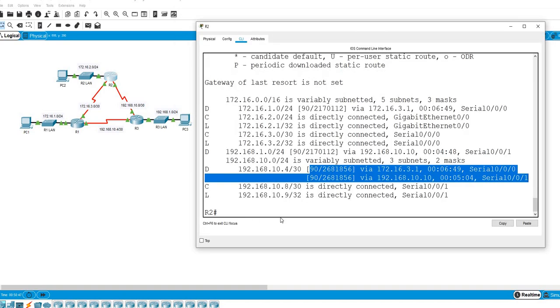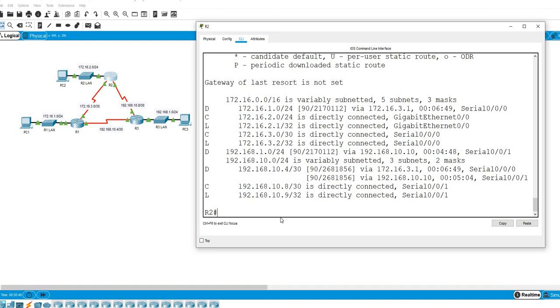Okay, so let's give this same command on router 2 as well, show ip protocols.